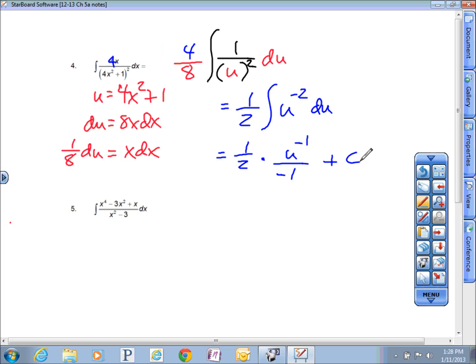So if we do that, it's going to move the u to the bottom. We're going to have a 2 on the bottom. We're going to have a negative. How about -1 over 2u plus my c? What's my u? Well, this u that we had in here all along was 4x squared plus 1.